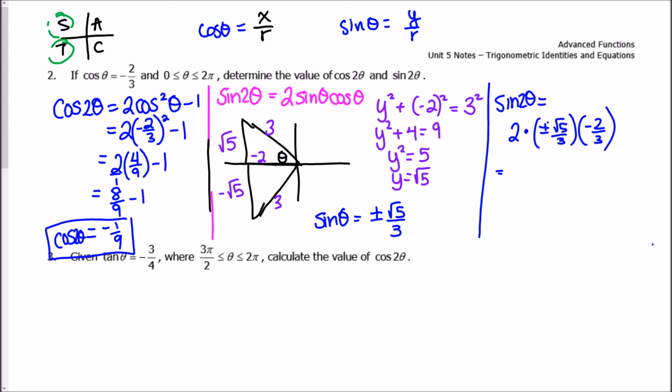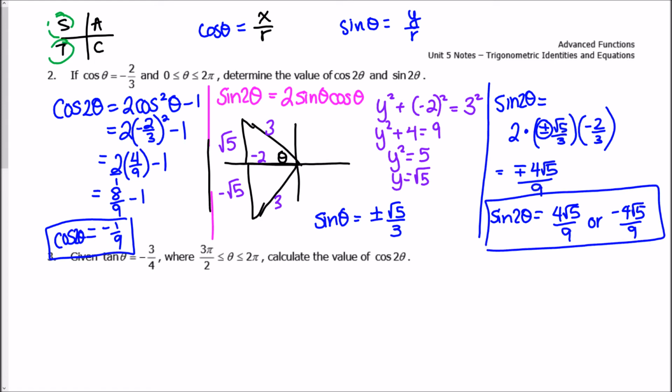And negative 4 times this plus or minus, we'll just change it to minus plus. But it's pretty much the same idea, right? The positive becomes a negative, the negative becomes a positive. So this becomes 4 root 5 over 9. So in other words, sine of 2 theta could equal 4 root 5 over 9 or negative 4 root 5 over 9, depending on what quadrant you are in.